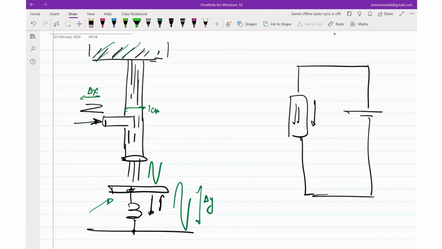Now, how are we modulating the water in the mechanical analogy? We are trying to deplete the amount of water in this region where the piston has control. So similarly, let's say we identify a region here where we have carriers. We would like to deplete that using a third terminal.